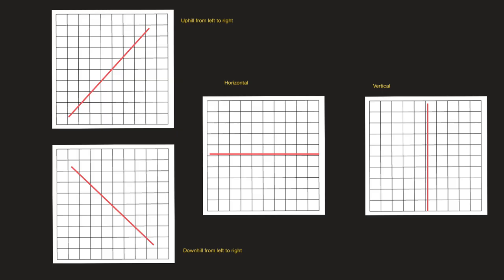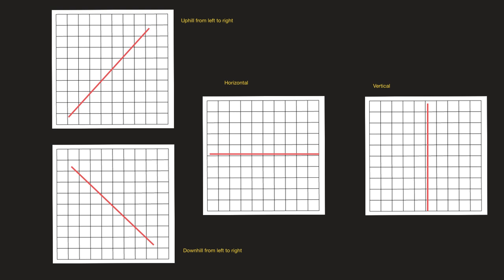Now, some things that we need to pay attention to. Some information is often visually available for us. We just need to know what we're looking at. When you look at the graph of a line, we should recognize pretty quick whether it's an uphill or downhill line, which then corresponds to whether that slope is going to be positive or negative.